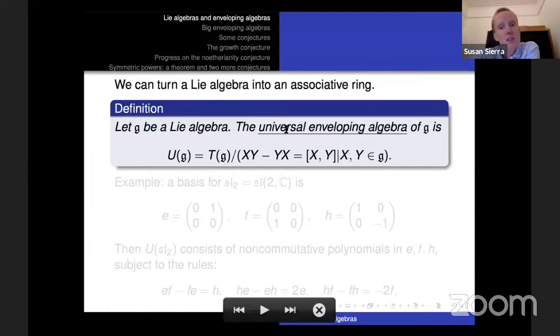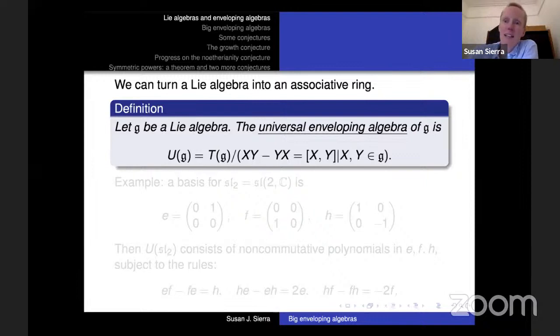So the universal enveloping algebra of g, and I should say, by the way, that the convention is that Lie algebras are written in these lowercase German letters. So whenever I have a little g in this font, it's going to be a Lie algebra. And at some point in the talk, I'm sure I'm going to forget to say that little g is a Lie algebra, but it's always going to be a Lie algebra.